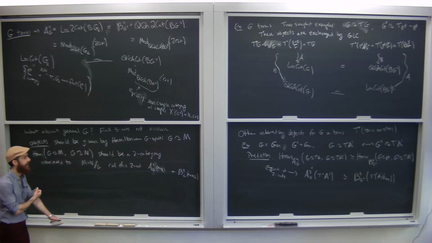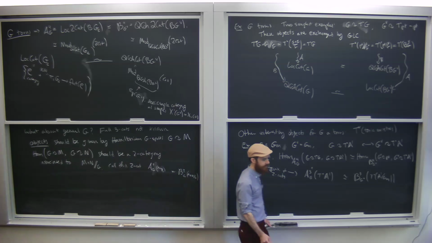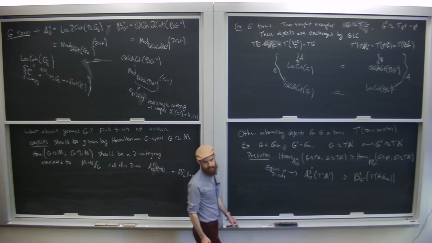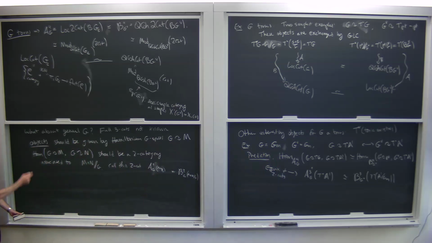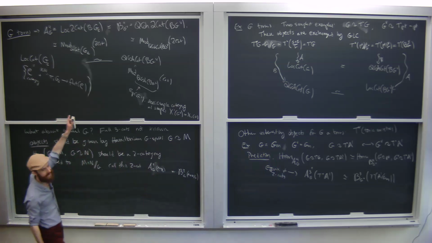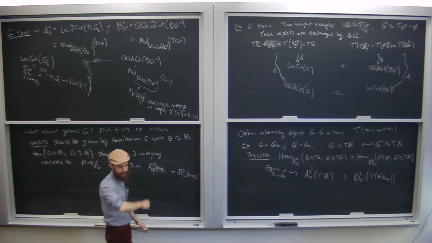That's an excellent point. I'm certainly not going to claim that these are all the objects, but these are some objects that we have some control over, at least. Here, the geometric objects generate. Certainly in this example, my three categories were each generated by one object, and that was geometric.